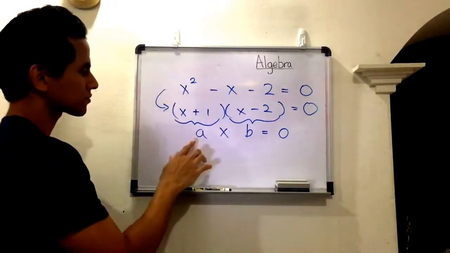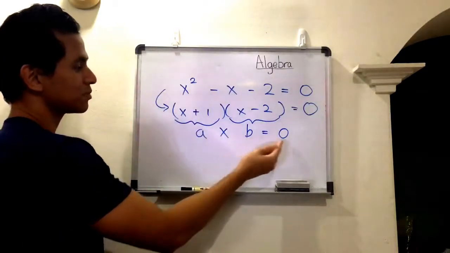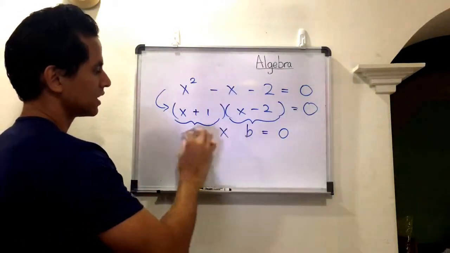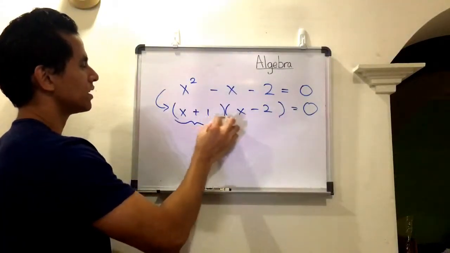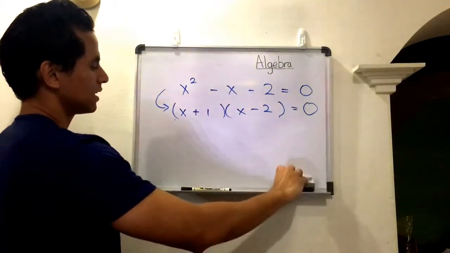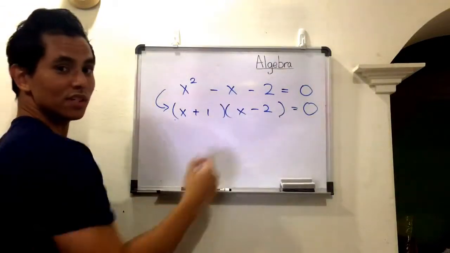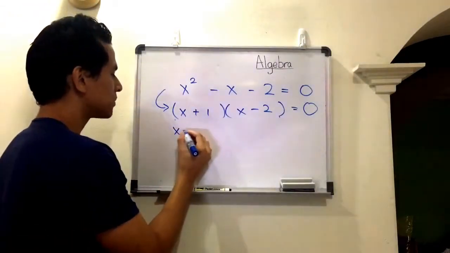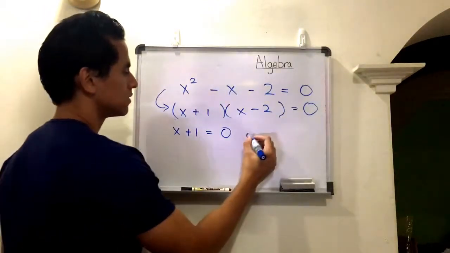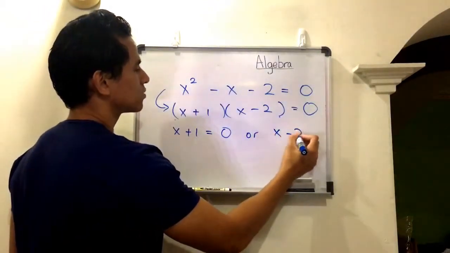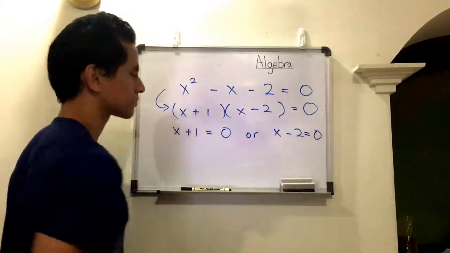Recall I said that either A or B has to be 0 for this to be true. Hence, for this equation to be true, either x plus 1 equals 0 or x minus 2 equals 0.